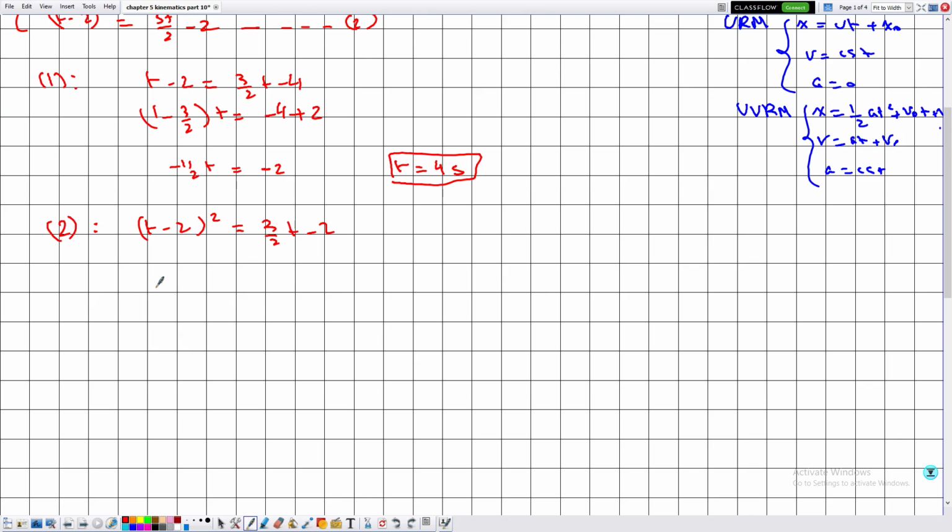and solve for delta. Then it's given by t² − 4t + 4 = 3/2 t − 2. Then t² + (−4 − 3/2) t + 6 = 0.